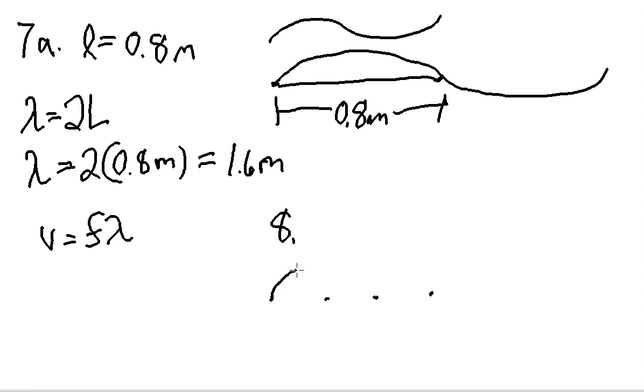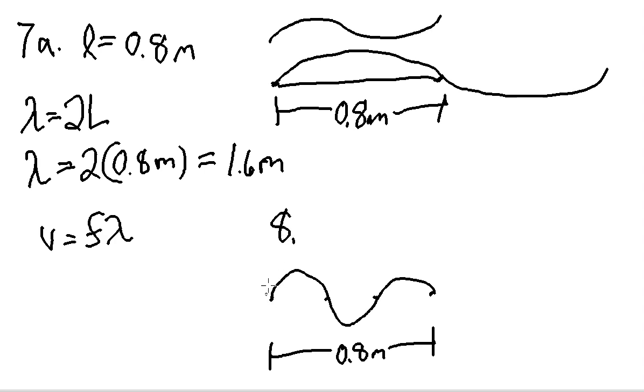So I'm going to draw my wave, and I'm going to make sure that it goes at the resting point through these 2 nodes. Alright, so my distance hasn't changed. The length of my string is still 0.8 meters.